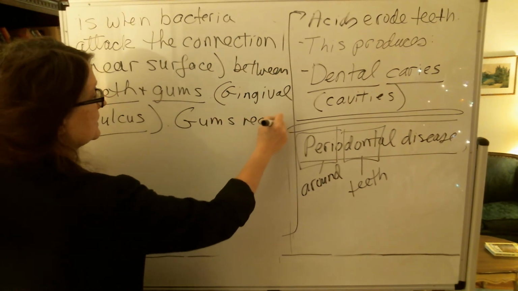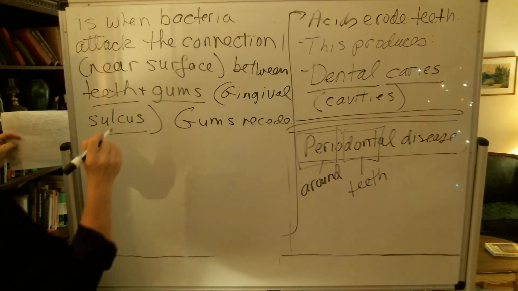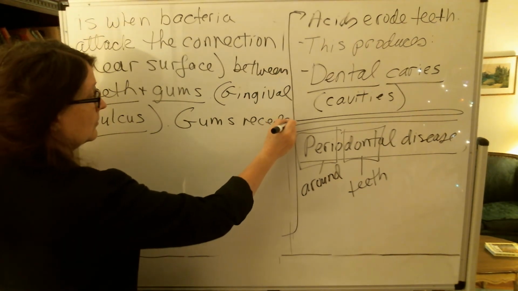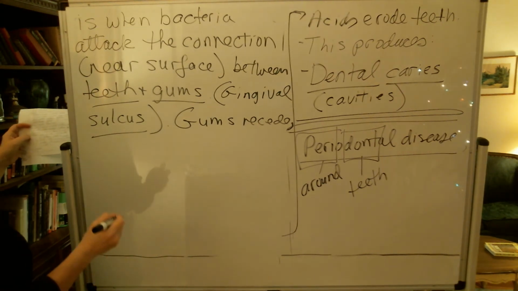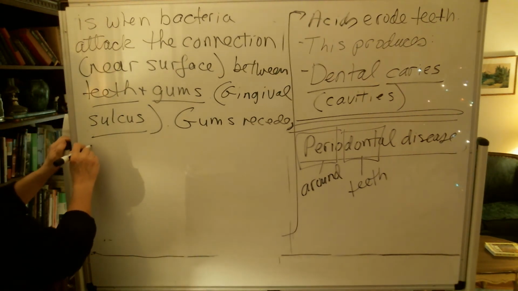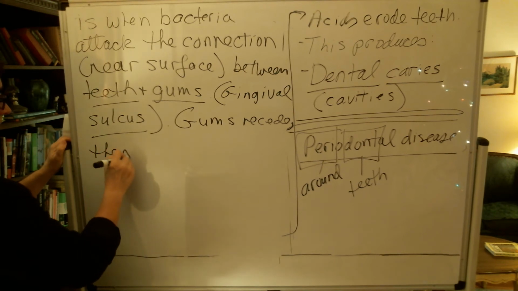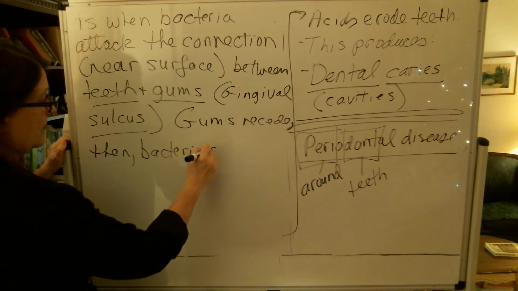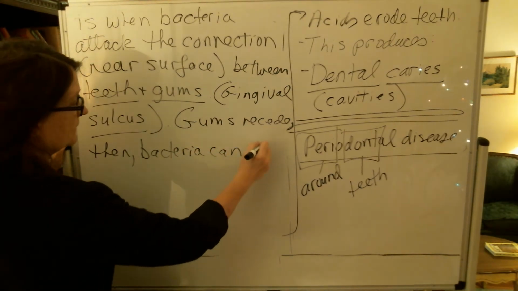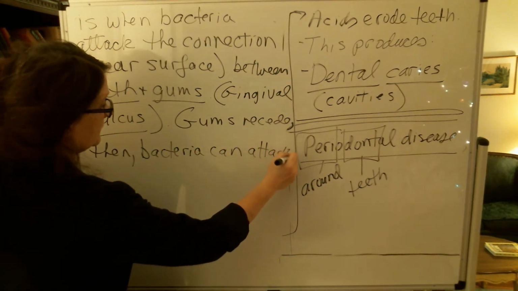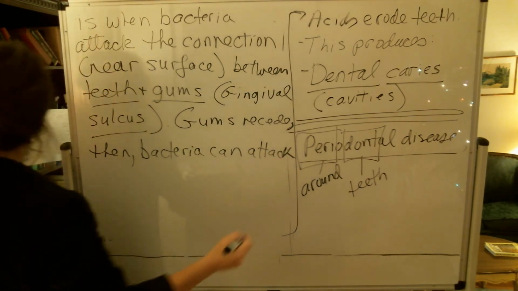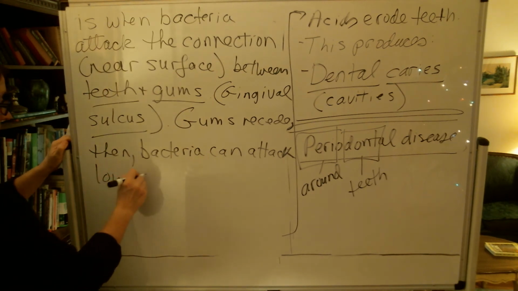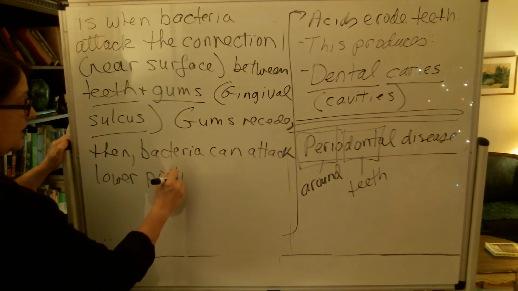the gums recede. You may have seen that on people. The problem then, however, is that bacteria can attack lower portions of the teeth.